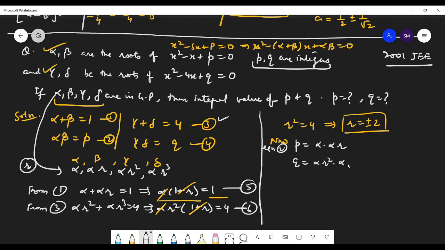Alpha r square into alpha r cube. So now put these values here. If we put r equals to minus 2 first, as case 1, what do you get?